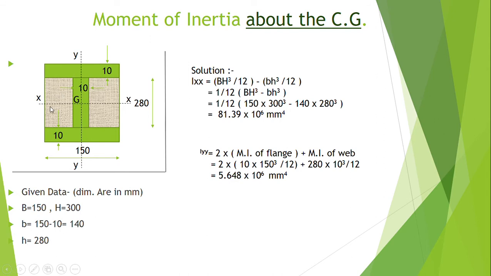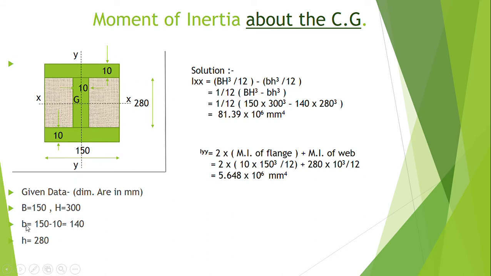Basically what we will do is subtract the smaller portion from the larger portion. If you closely observe the larger rectangle, the base will be 150 and height will be 300. Now 300 will be how? 280, and this 10 and this 10 get added, we get total 300.